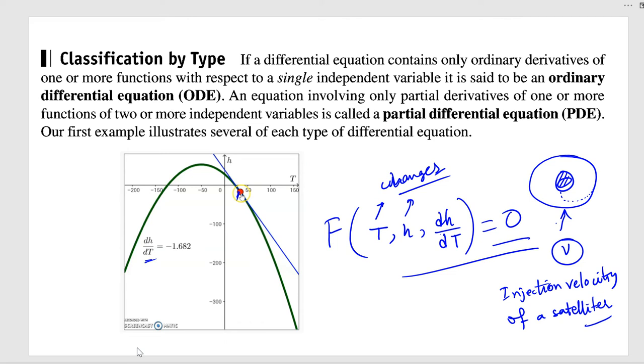In that case, we will introduce the concept of partial differential equations. So they will be used. So by the derivative, we can classify our differential equation into two: one is ODE, ordinary differential equation, another is partial differential equation.